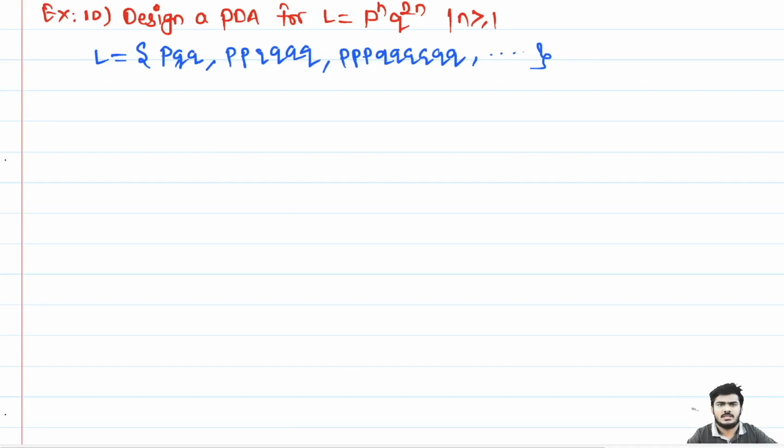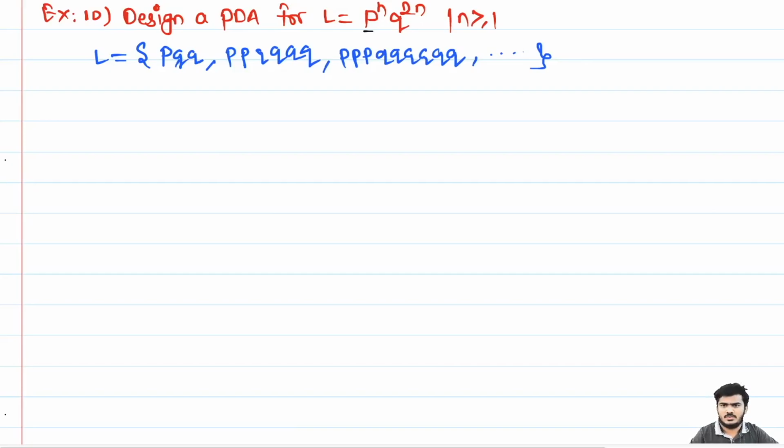First, we will do it in such a way that whenever p starts occurring, we will push, but for a single p, instead of pushing one p into the stack, we will push two p's. Until now, if p occurred, we pushed a single p in the stack, but now, for one p we will insert two p's into the stack. So for a single occurrence of p we will push two p's in the stack.